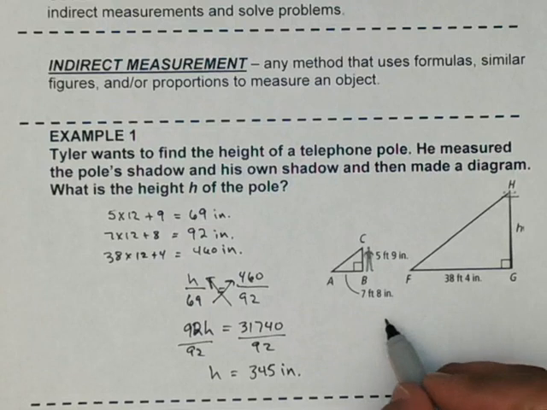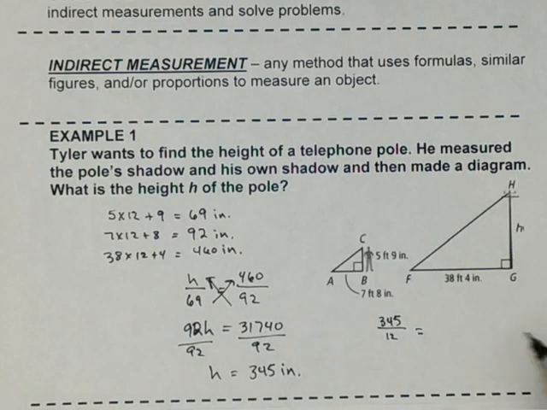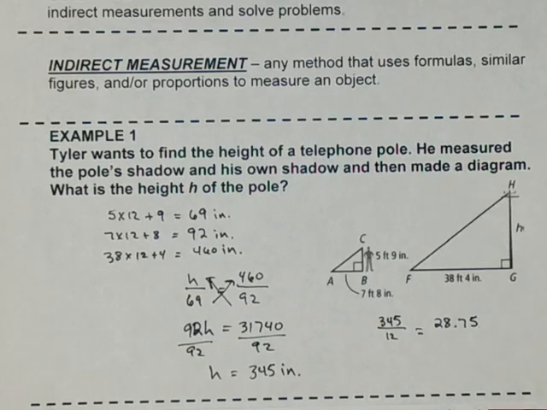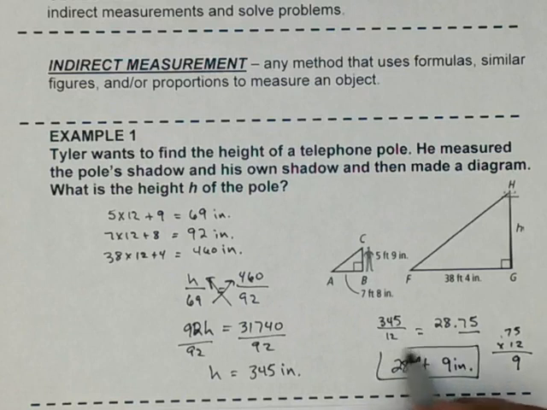So we're going to take the 345 and divide by 12, and we end up getting 28.75. So I need to convert this 0.75 into inches, so that's 28 feet. And I want to figure out what this 0.75 is. So I'm going to take that and multiply by 12, which gives me 9. So it's 28 feet 9 inches. That's the actual height.